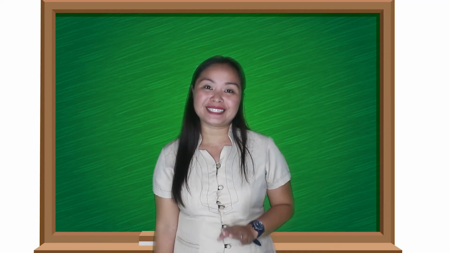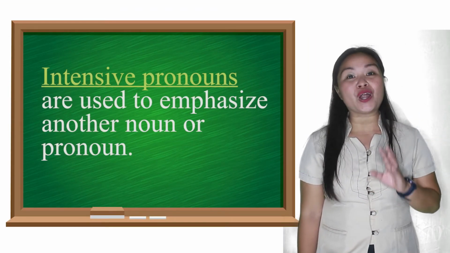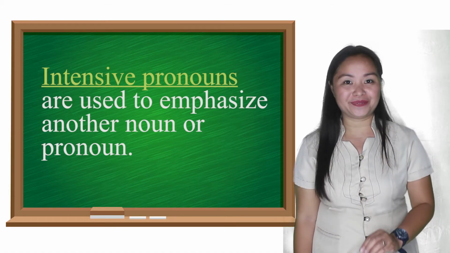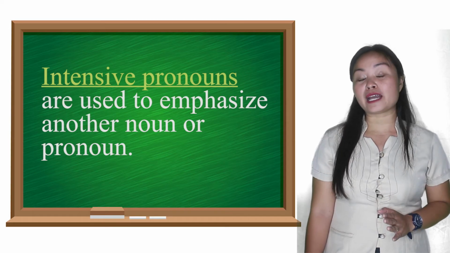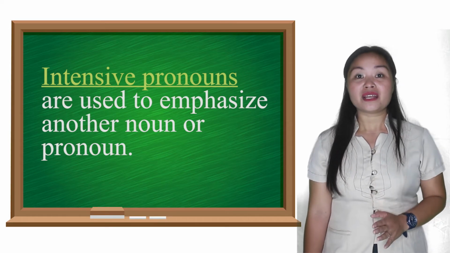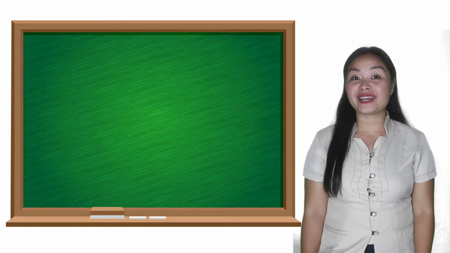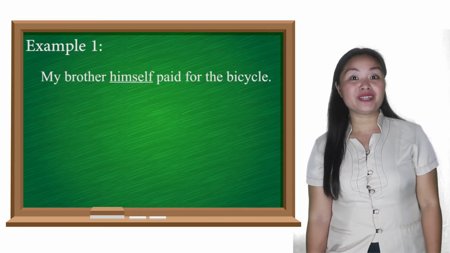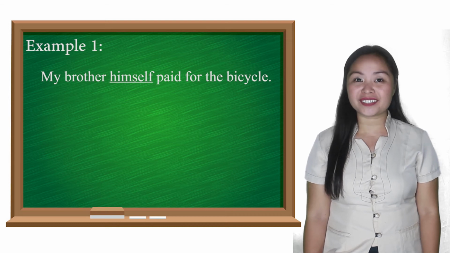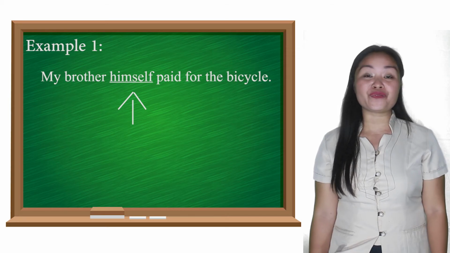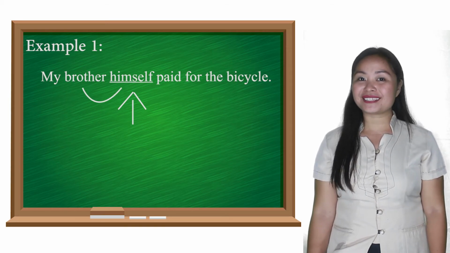Now let's proceed to intensive pronouns. Intensive pronouns are used to emphasize another noun or pronoun. They are called emphatic appositives. That means they do not need to refer back to the subject. Here's the example: My brother himself paid for the bicycle. Here, the intensive pronoun himself is referring to brother, which is the subject of the sentence.